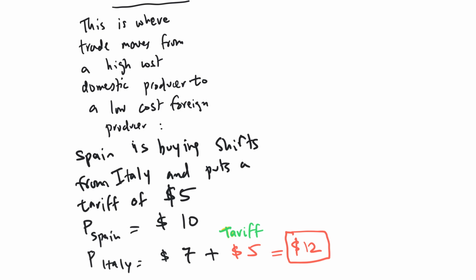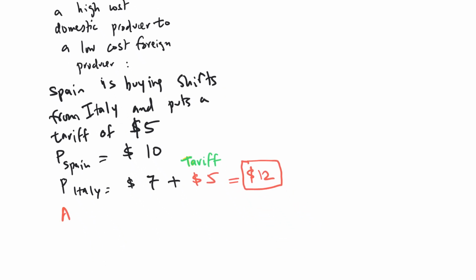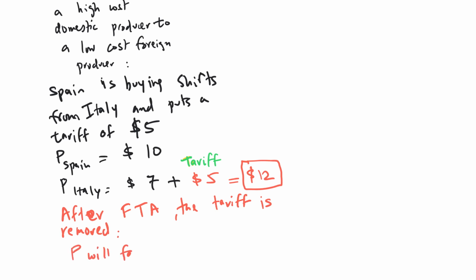Isn't that true? But if now they form a trade agreement, for example, let's say after a free trade area, the tariff is removed. When you remove tariff, what will happen now? The price will fall to $7.